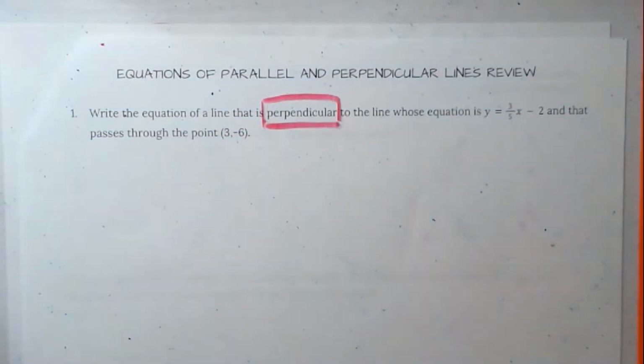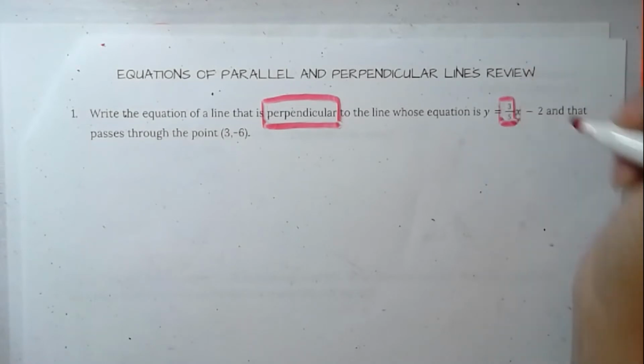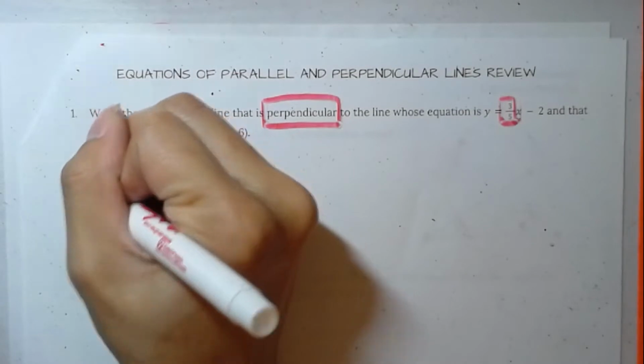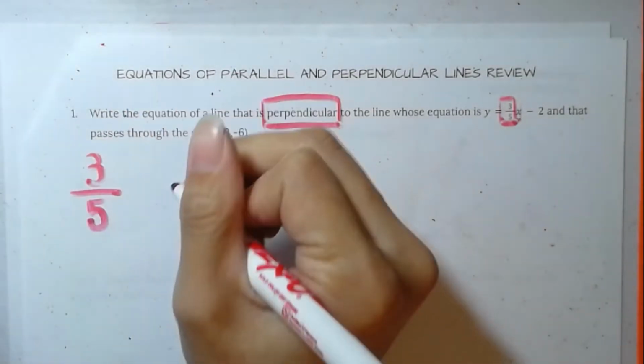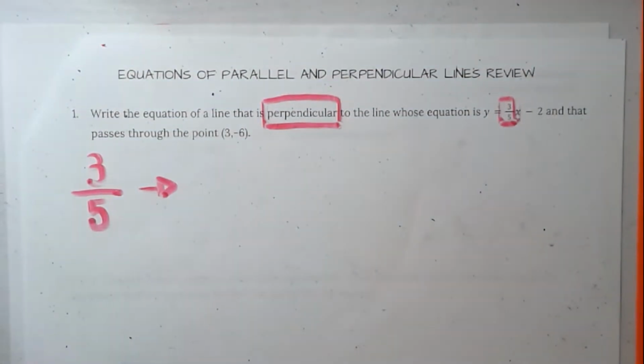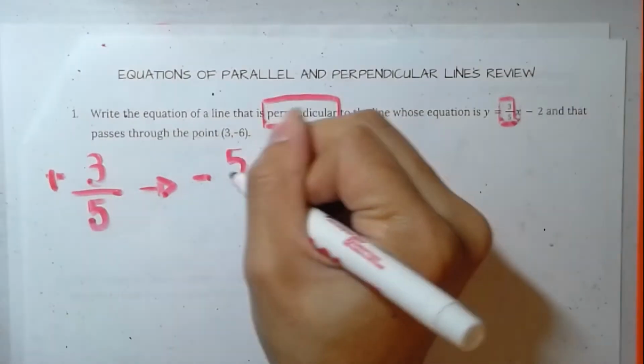And remember that perpendicular lines have slopes that are opposite reciprocals. So I'm going to highlight the original line slope and think about opposite reciprocals. The opposite reciprocal slope of positive 3 over 5 is going to be negative 5 over 3.